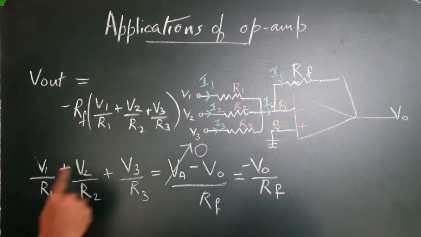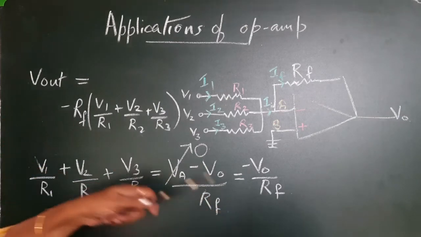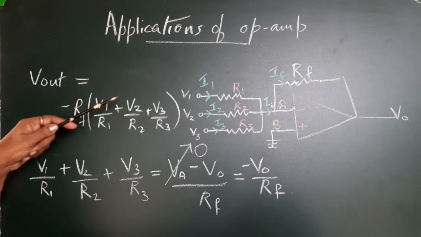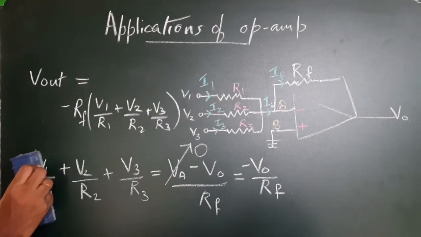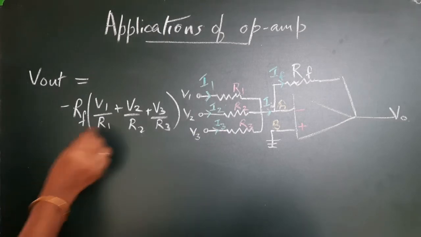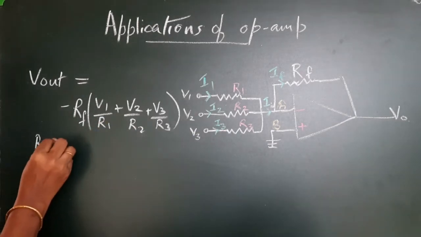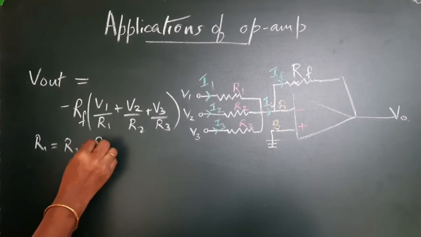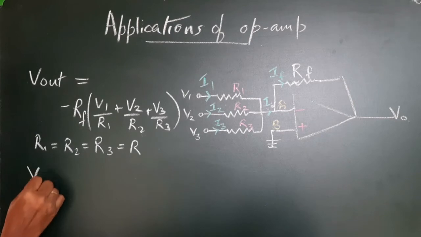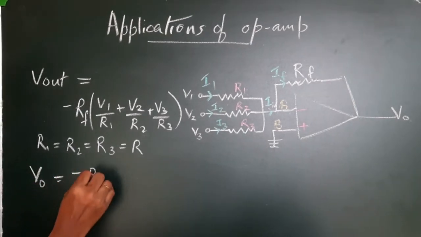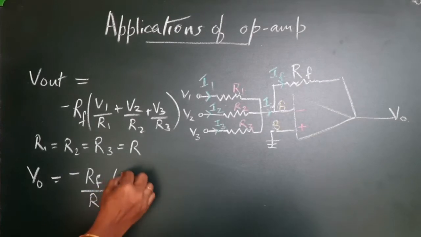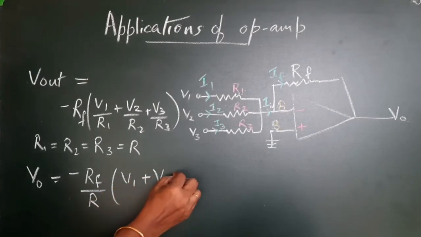Vout is equal to, on rearranging, minus RF into V1 by R1 plus V2 by R2 plus V3 by R3. Now, if we take for convenience R1 equals R2 equals R3 equals R, then this equation would reduce to Vout is equal to minus RF by common factor R into V1 plus V2 plus V3.